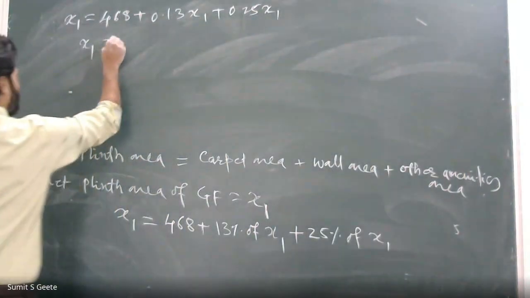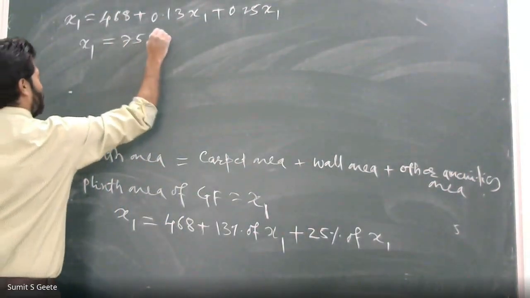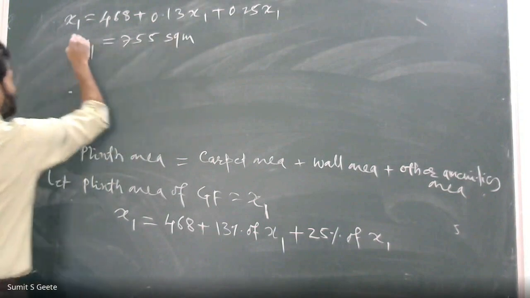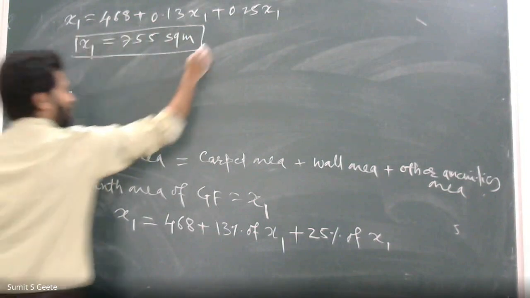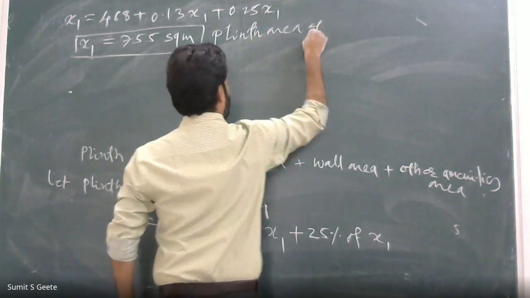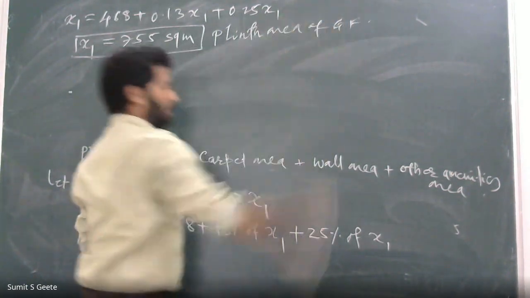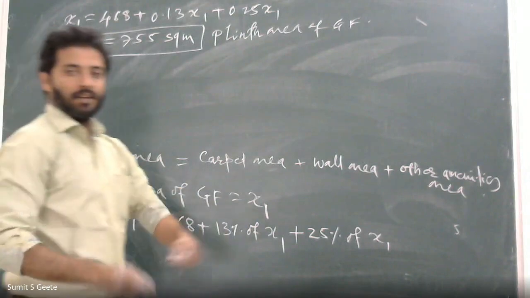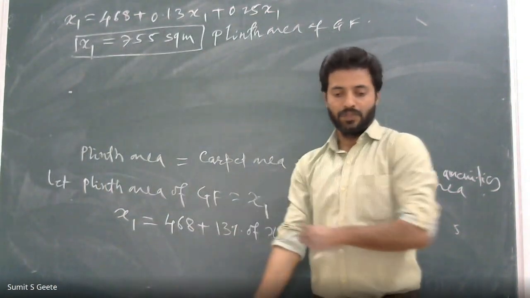It is 755 square meter. This is the plinth area at ground floor. Is it fine? So next.